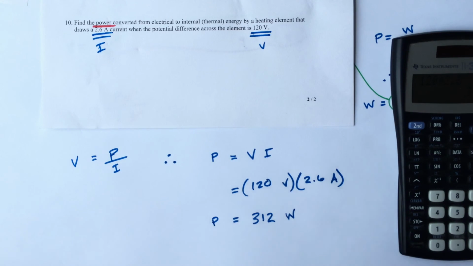If you wanted to write significant figures, I think that they give you two significant figures in your current, so you probably write this as the power is then equal to 310 watts. Bravo for thinking of that. On an IB test, as long as you're within one significant figure of the correct number, then you are not going to be marked down for it. So this would not be marked down, but this is actually the best answer that you can give.